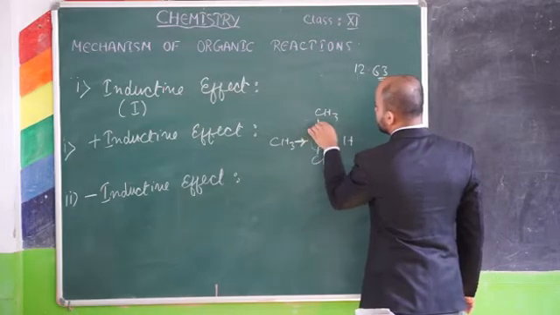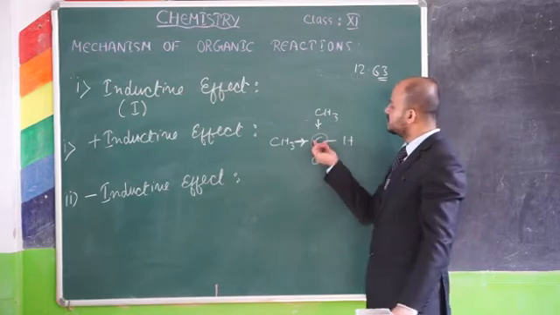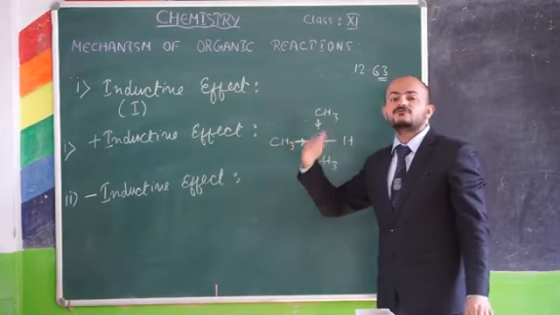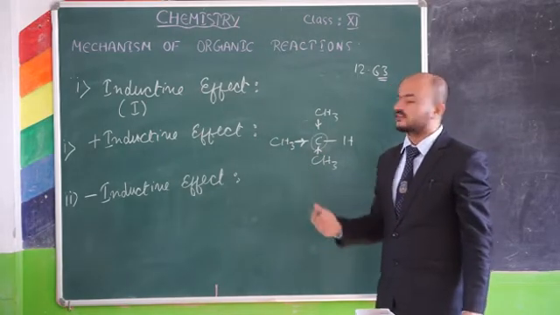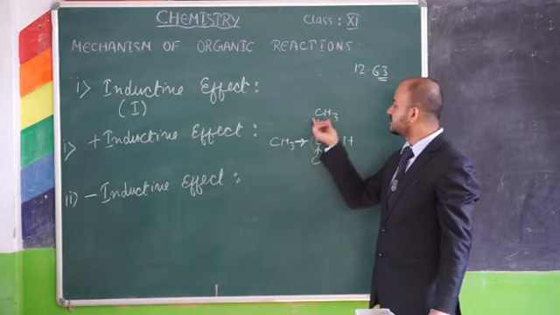These alkyl groups are shifting their electrons towards this carbon center, and in the process, this carbon is being enriched in negative charge, that means electron density. The electron density over this carbon will be enhanced because of these CH3 groups.